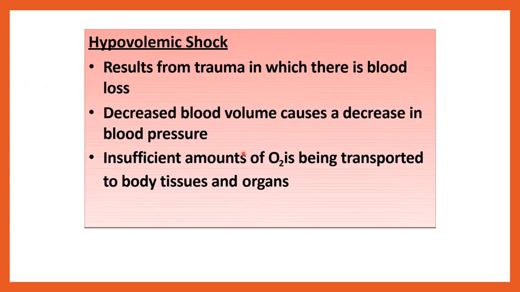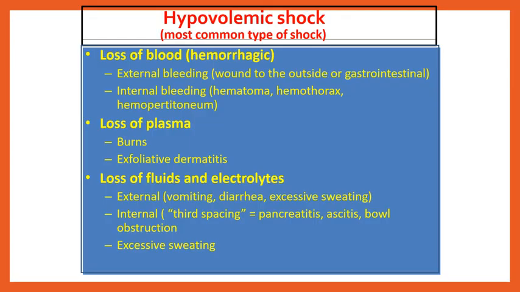We can say acute hemorrhage of more than 15 ml per kg body weight results in this type of shock. It is the most common type of shock, and these are the various causes for the shock.